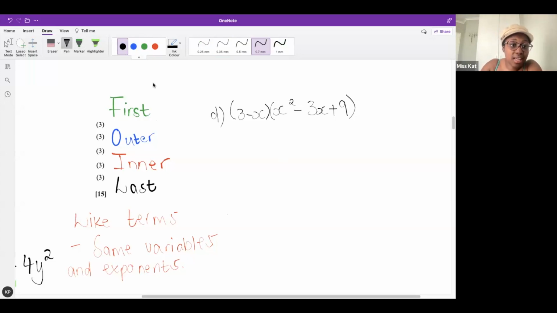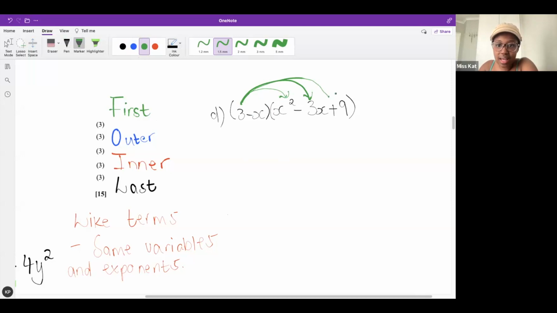If you have a Casio calculator, I'm not sure about the other ones. So we're going to multiply 3 with all the terms in the brackets, with x squared and 3x and 9. And then we're going to multiply negative x with x squared and negative 3x and positive 9.